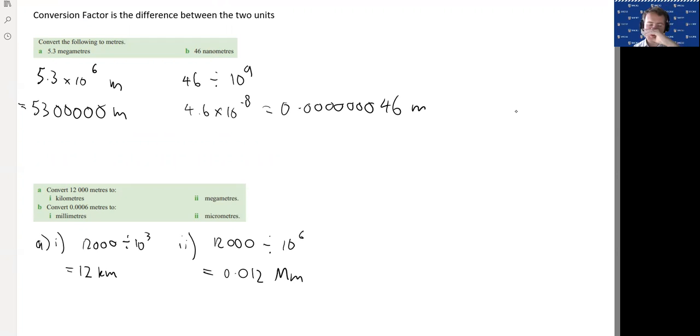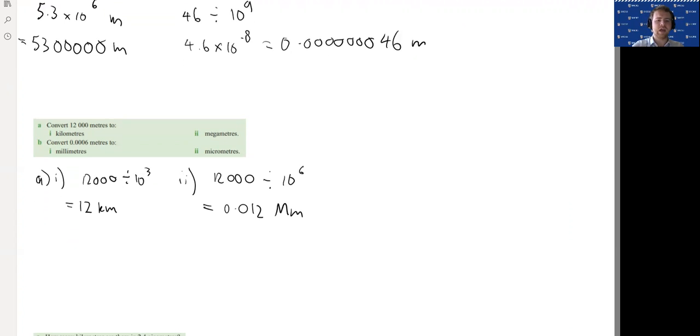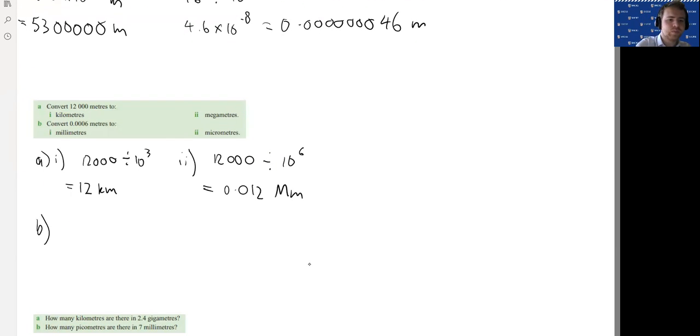When we're doing megameters, it's capital M, lowercase m for meters. If you want to, you can pop that in your calculator just to check that you've done it correctly. Divide by 10 to the power of 6. And there we go.